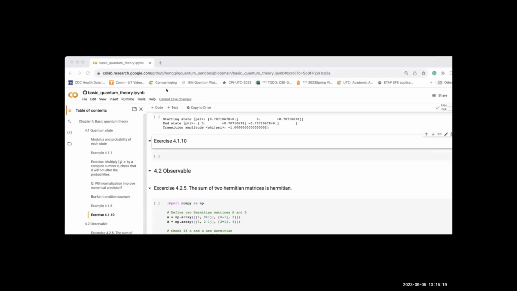Okay, and then the next section is observables. This is built on the first part. The next part of the book is observables, section 2.